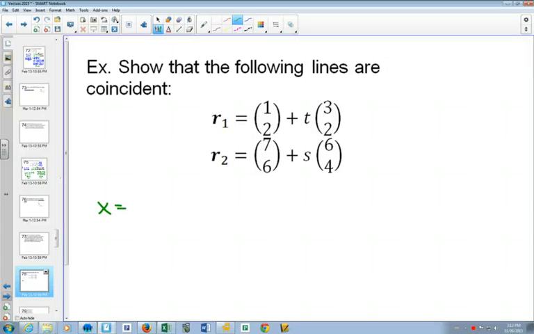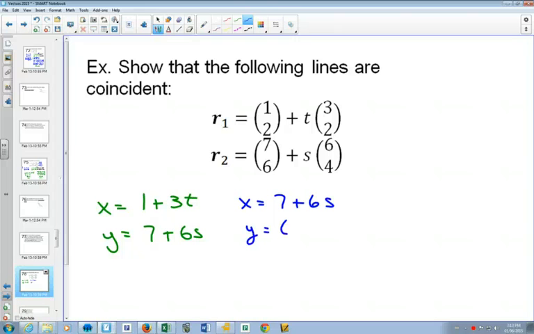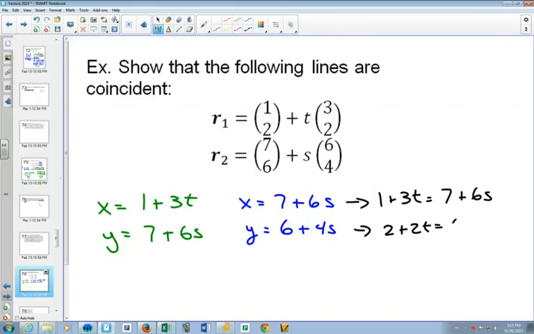Same thing, we'll set up our parametric equations, x and y. So 1 plus 3t equals 7 plus 6s, and 2 plus 2t equals 6 plus 4s.